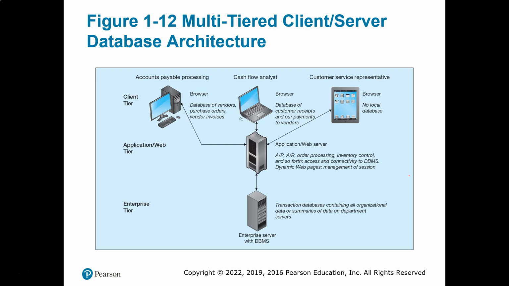This is a graphical representation of something I said a little earlier, where we have the client tier where we've got our users running reports, we've got our designers looking at the schemas, we've got our DBAs who are responsible for backing up the data, making sure that the servers are available. Generally speaking, and this is called a 3-tier system, we don't let our users touch the database directly.